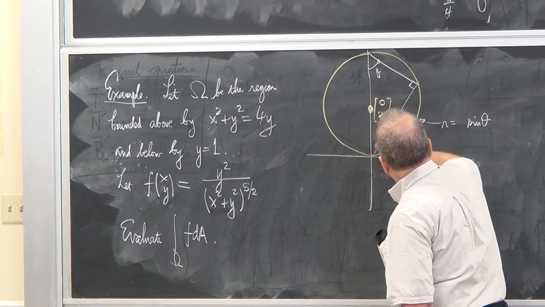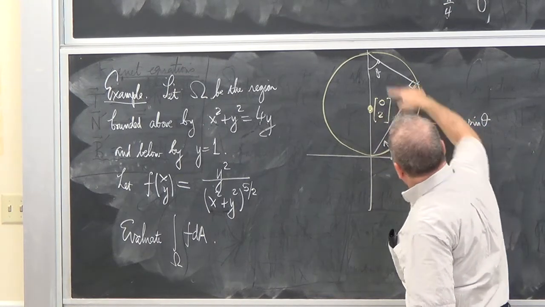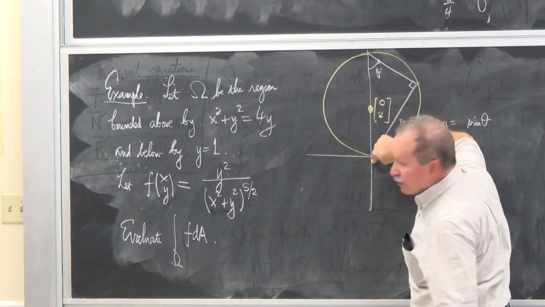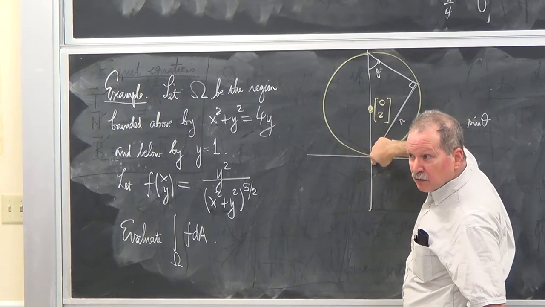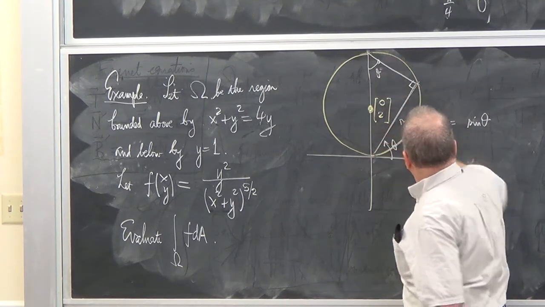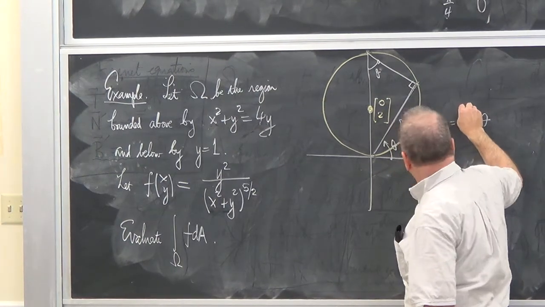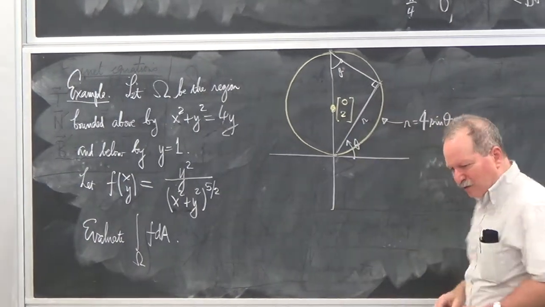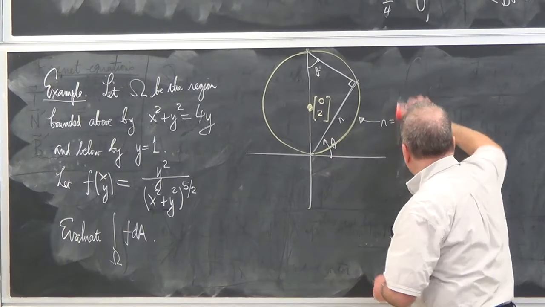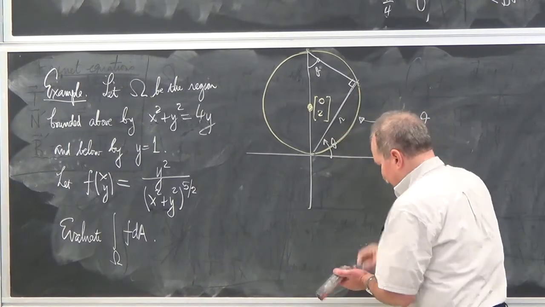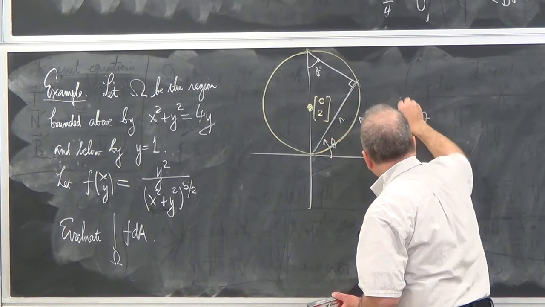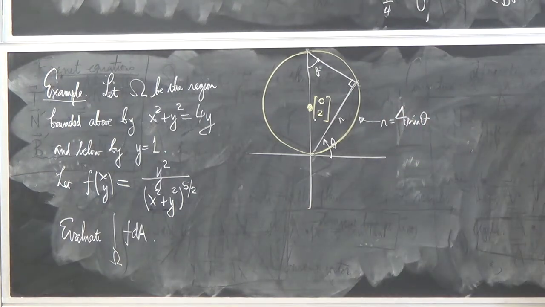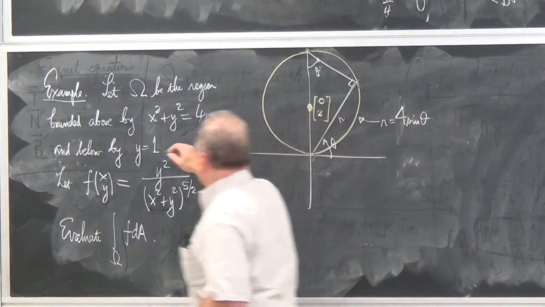Here's r. What's sine theta? It's r over hypotenuse, which is how long? Try 4. So r equals 4 sine theta. All right, now that's this circle.